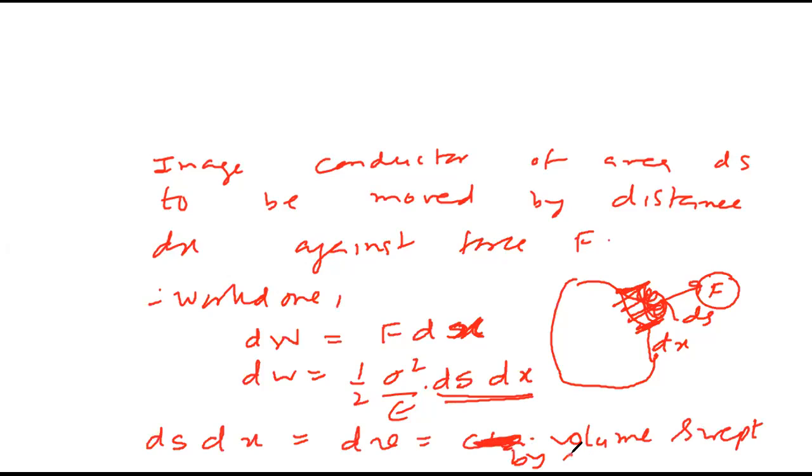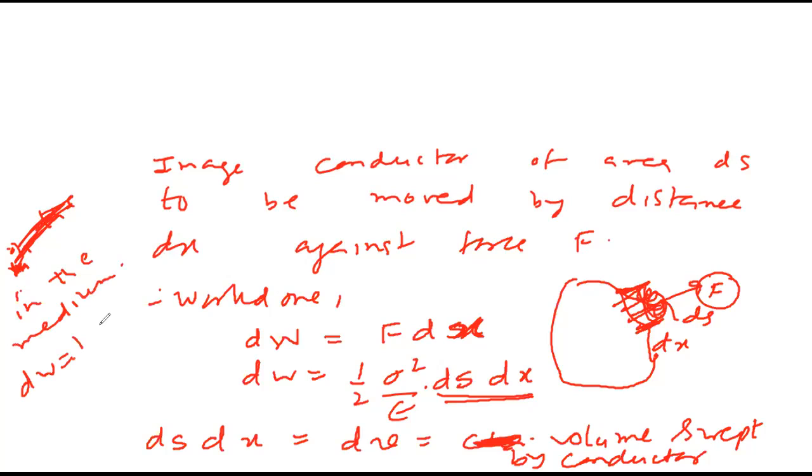So from this dw will become half sigma square upon epsilon into dv, correct?